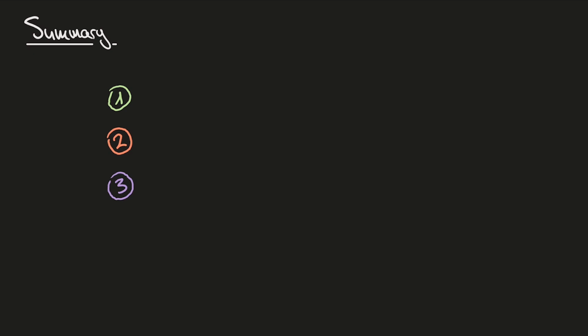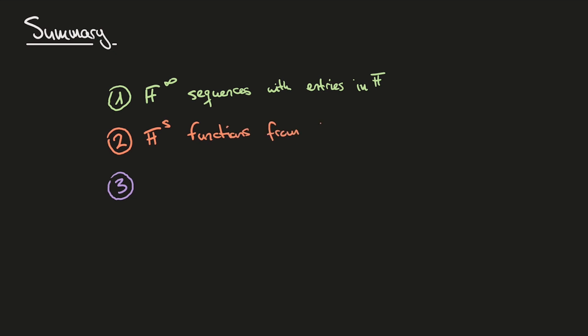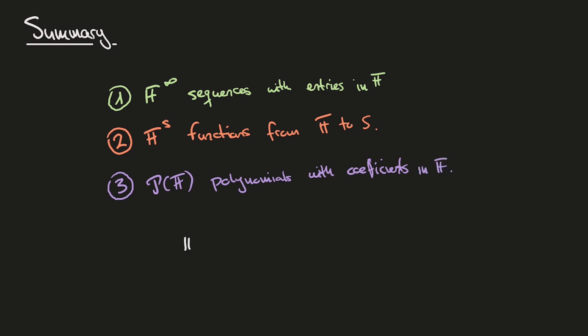This brings me to the summary of this video. So we saw 3 examples of vector spaces, the first of which was F^infinity, the set of all sequences with entries in F. Then we saw the vector space F^S, which is the set of all functions from S to F. And finally, we got a glimpse of the vector space P of F, which is the set of all polynomials with coefficients in F. Moreover, we saw that F^infinity and F^n are special cases of the space F^S.